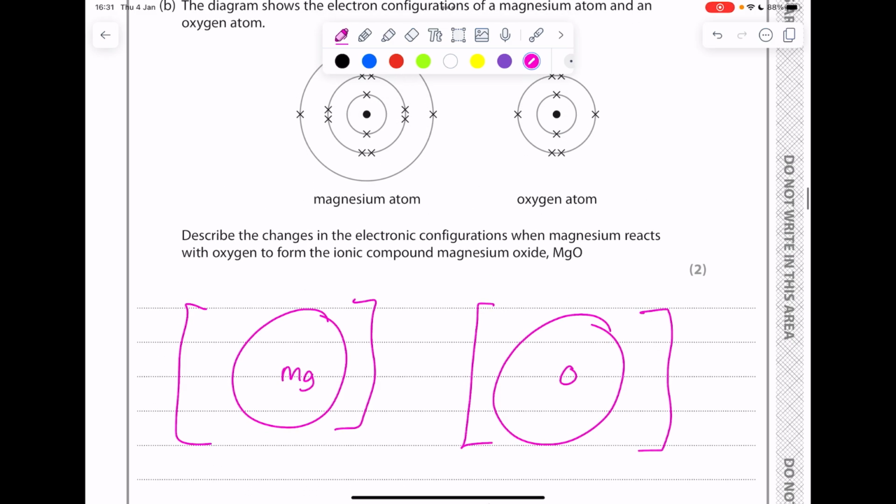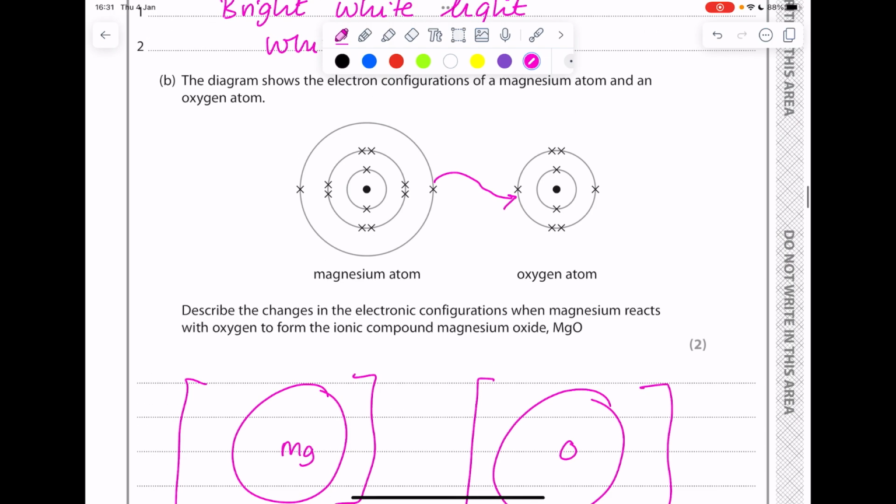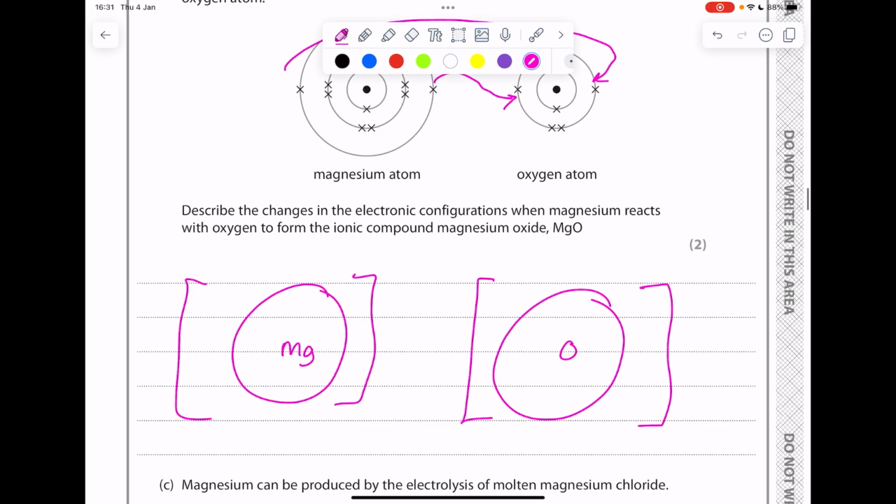So remember, magnesium is going to lose these outer electrons and they're going to get transferred to make sure that both the magnesium and the oxygen have a full outer shell. Now, because magnesium has lost 2 electrons, it has a 2+ charge. Oxygen has gained 2 electrons from the magnesium, which is why it's a 2- charge.